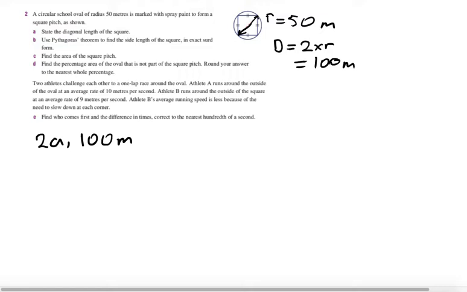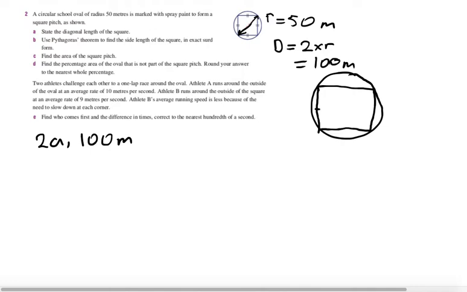Alright, so use Pythagoras' theorem to find the side length of the square in exact surd form. So I'm going to draw this diagram up nice and big because I always like to use big diagrams because it's just a bit less messy, you can make it a bit neater. Obviously my diagram is not fantastic because I don't have a ruler with me.